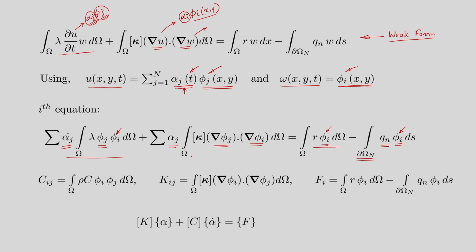Now, this term we have already seen, or this term also we have already seen in the steady state heat conduction problem, alright. So, only the thing is, here instead of having alpha j, we have alpha dot j. So, that is basically d alpha j dt, alright.